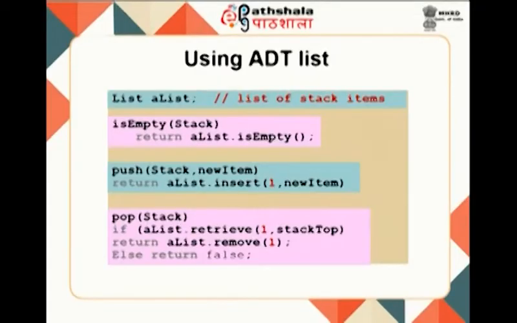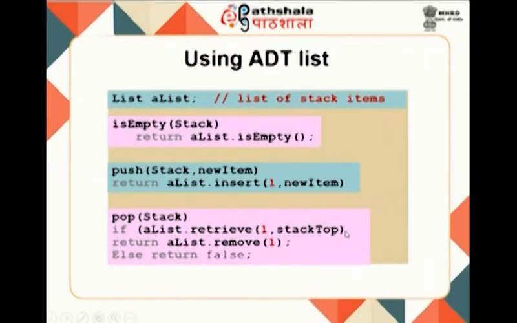Now, if you look at this, we are using an ADT list which has the operations is empty, insert, retrieve and remove for implementing the stack ADT operations is empty, push and pop. That is what you have to understand. Is empty just uses A list's is empty function. Here instead of push we have insert, the only difference being that we are always inserting only at 1, because we are only inserting at the top position.